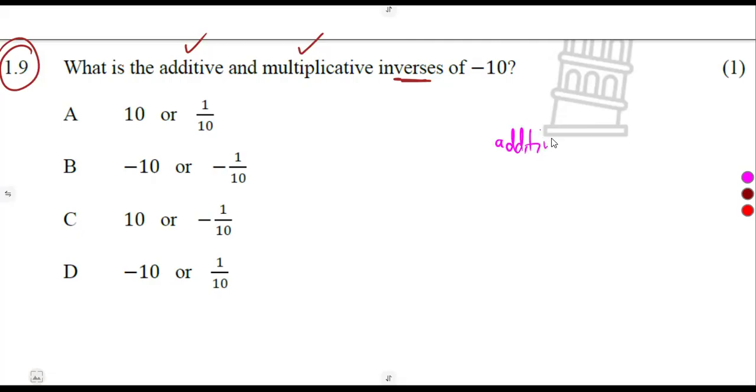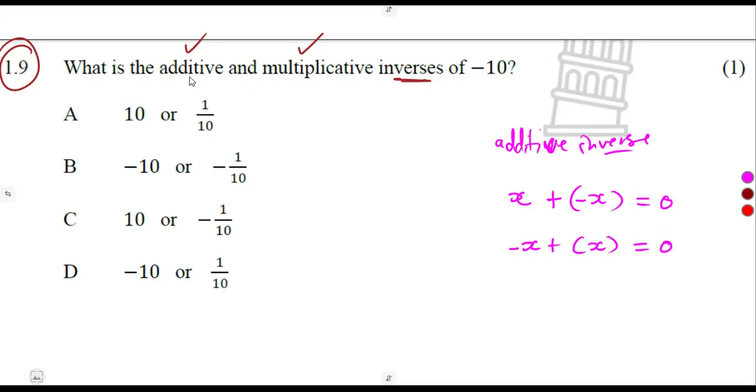The additive inverse is a condition, or we can put it in algebraic form, where if I add x to minus x, I must get a 0. Meaning to say, one of the numbers must be a negative. One must be positive for us to get a 0 if we are adding. So it means if I start with minus x, I must add what? Plus x in order for us to get a 0. This is the additive inverse.